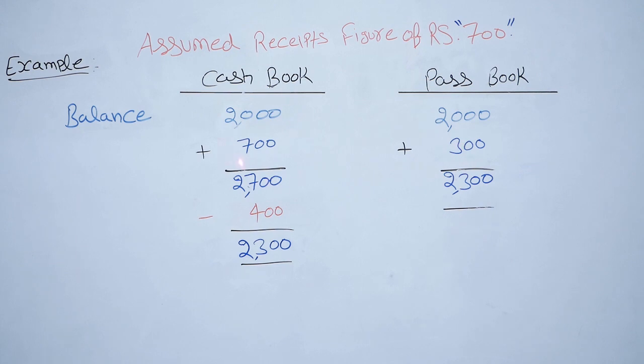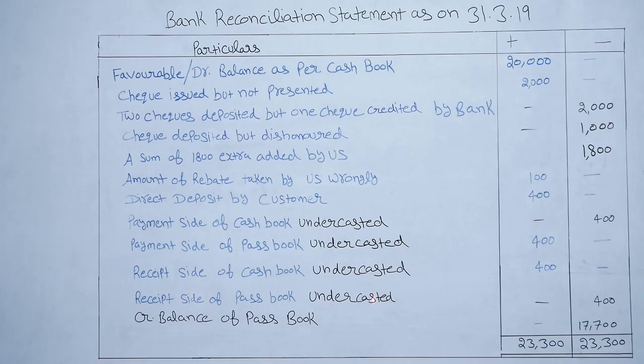On the other hand, in cash book, must have written full amount of 700 rupees. So cash book balance is 2700, passbook balance is 2300. We have to follow passbook balance. That's why we are deducting 400 rupees. Now balance is tally. Receipt side of passbook undercasted by 400 rupees. It will come in the minus items.